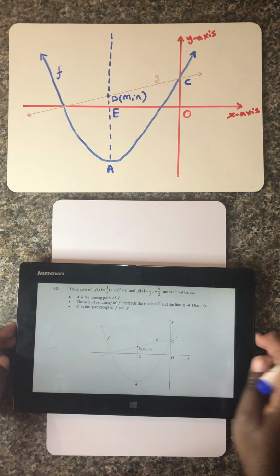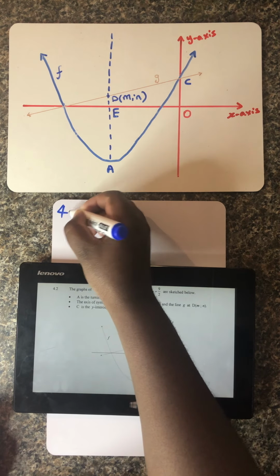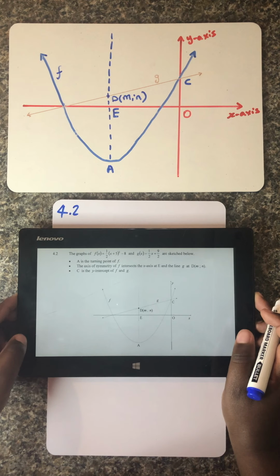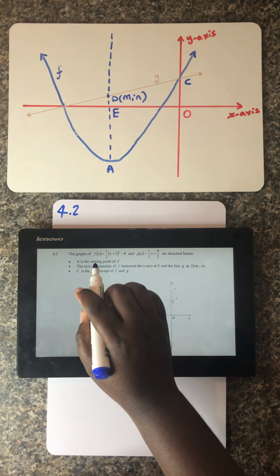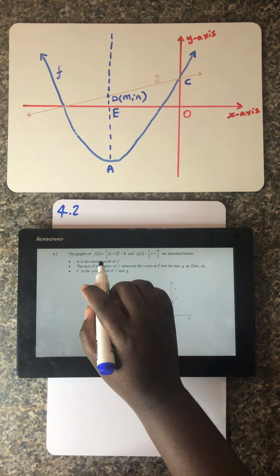Okay, so guys, we'll be starting our question at 4.2, and I'll quickly read through the given statement. The graphs of f(x) = 1/2(x + 5)² − 8, and g(x) = 1/2 x + 9/2 are sketched below.